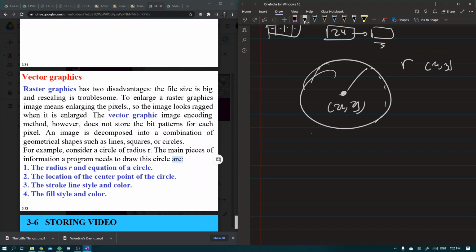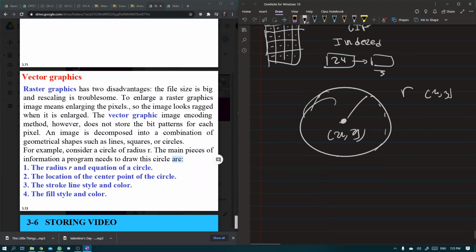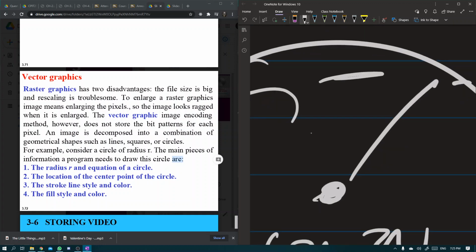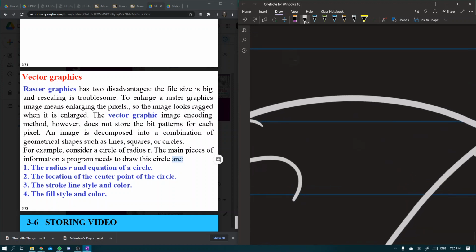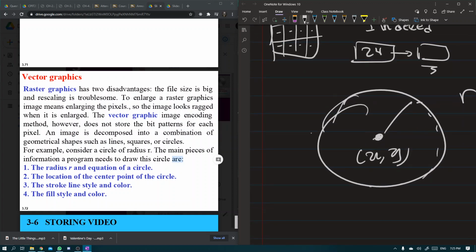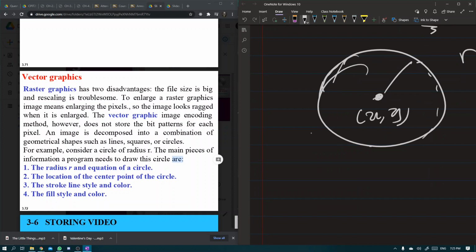Now the special property of vector graphics is that if you zoom in, like here in OneNote, which uses vector graphics to write stuff with, you wouldn't be able to see the pixels, because it's a mathematical formula to calculate the pixels.